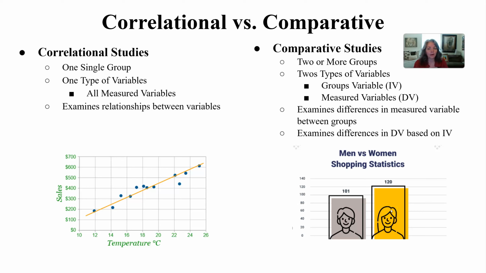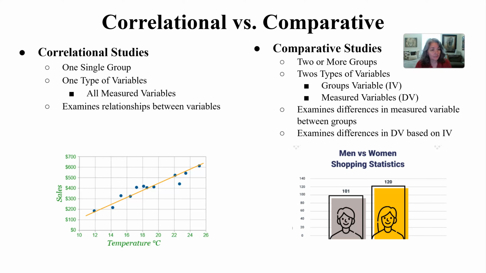It could be comparing students who took Psych 121 compared to students who took Math 140. It could be comparing students who like chocolate versus vanilla, right? Like it could be anything. Variables literally can be about anything.